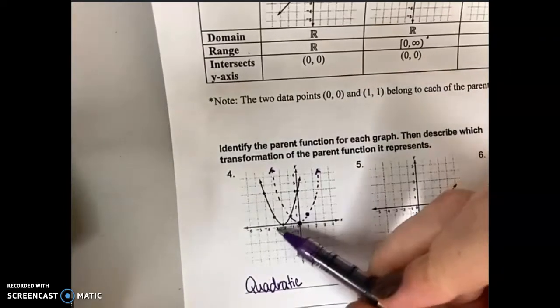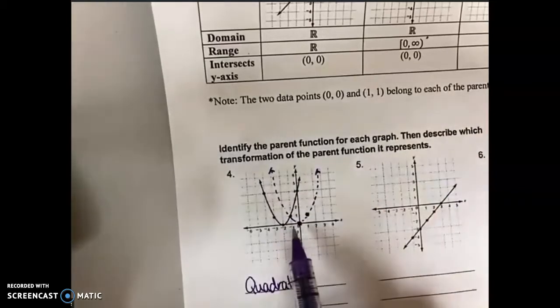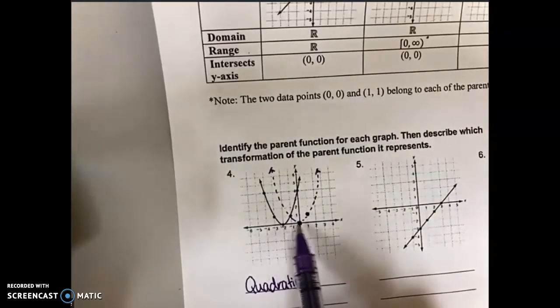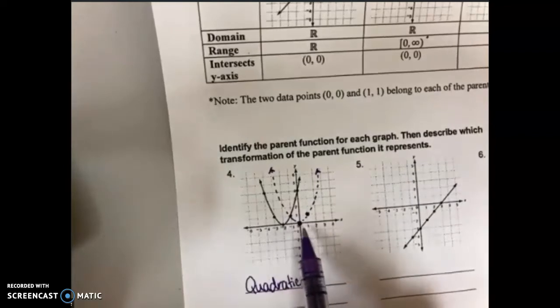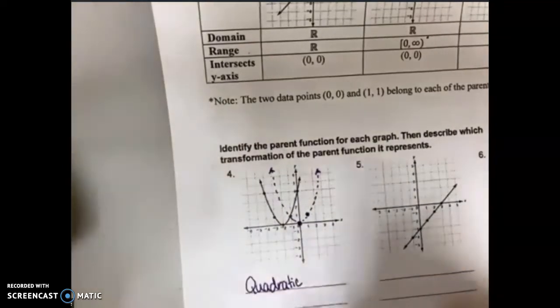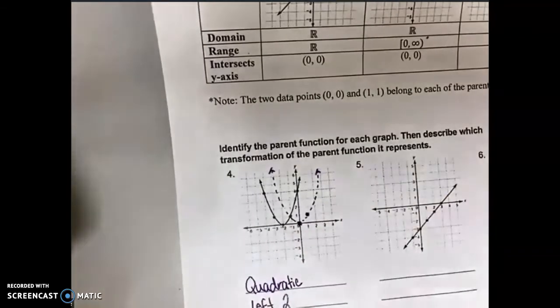So when I'm comparing my parent function to my new graph, it appears, if I'm comparing this point to this point, this is called the vertex, it's the minimum of the parabola, it looks like it's moved left 2 units. So I'm going to put left 2.